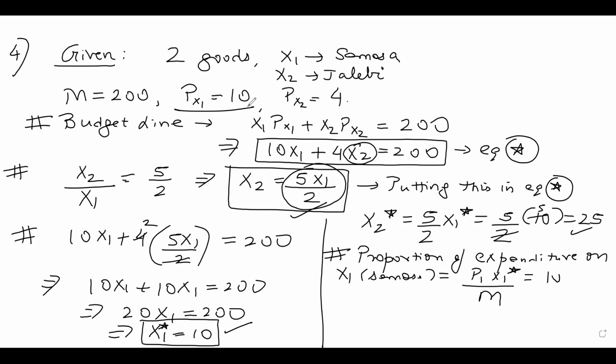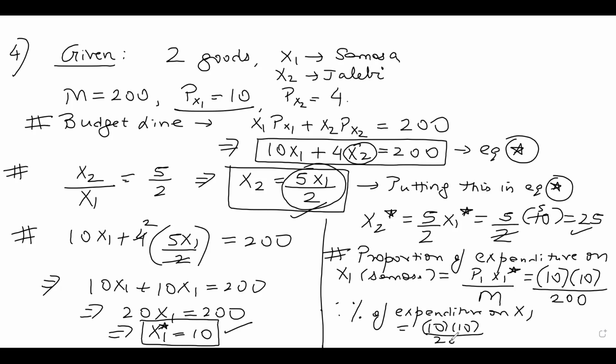Px1 is nothing but 10. x1 star has come out as 10 upon the income is 200. So what is the percentage? If I multiply the proportion by 100, I get the percentage. So therefore, percentage of the expenditure on x1 will be 10 into 10 upon 200 into 100, which comes out as 50%.